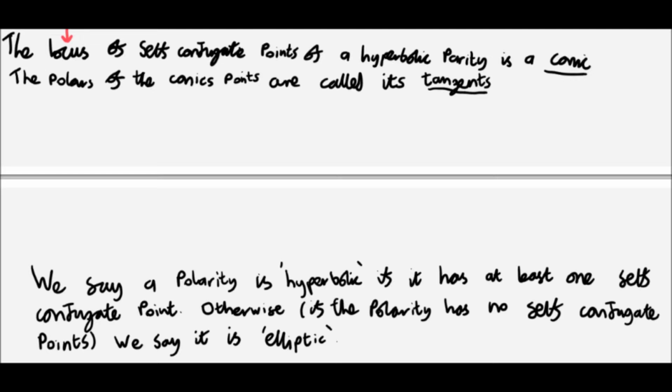A polarity is either hyperbolic if it has at least one self-conjugate point, or elliptic if it has no self-conjugate points. Recall that a polarity is just a period 2 projective correlation of the projective plane. So it's sending points to lines and lines to points bijectively whilst preserving incidence and non-incidence, and it has period 2.